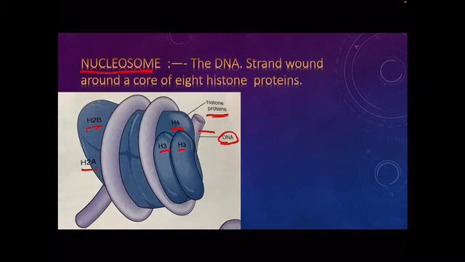They make one group, called an octamer of histone. When 8 histone proteins combine they form an octamer, and that octamer is coiled by a small piece of DNA, and then it forms one nucleosome. A DNA strand wound around a core of 8 histone proteins is called a nucleosome.